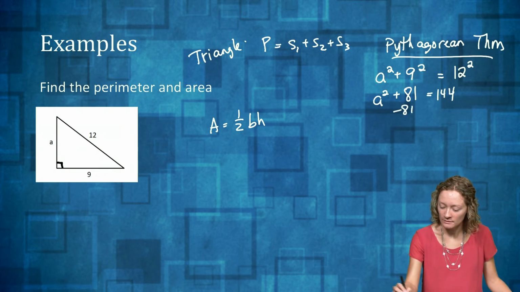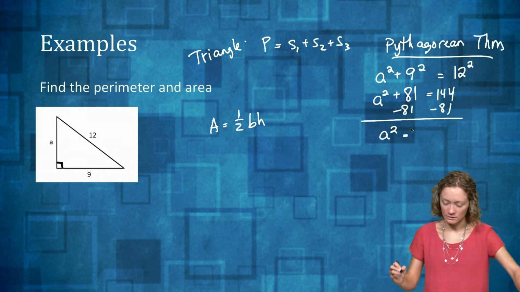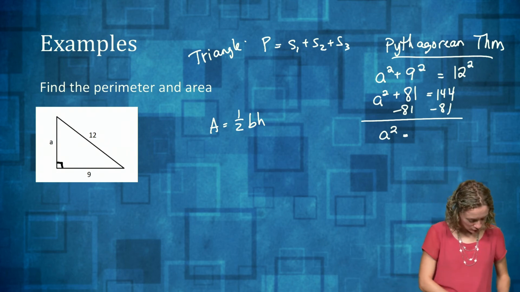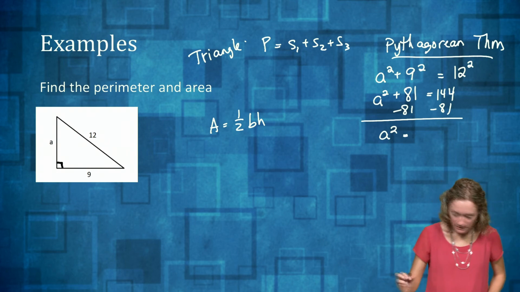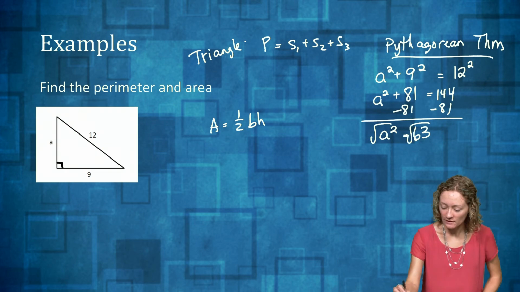Subtract 81. A squared equals 63. And then the last step, we want just A, so we'll take the square root.